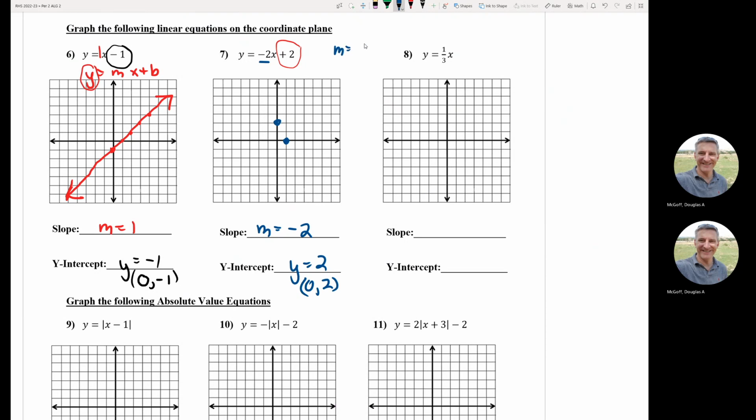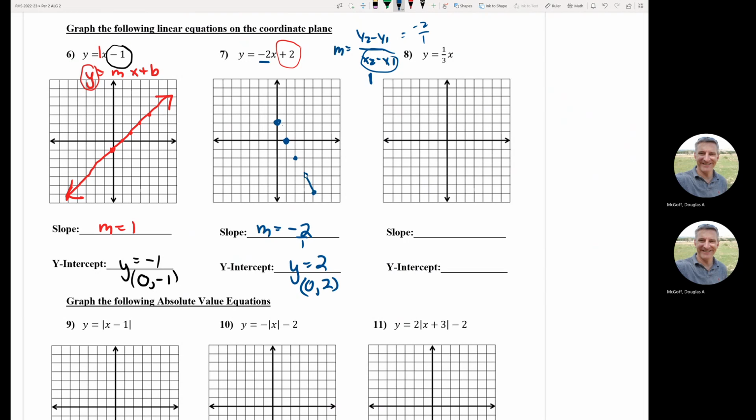Remember, slope equals y2 minus y1 over x2 minus x1. So I just say that this difference is 1. That tells me how much this changes. y2, 0, minus y1, 2 is -2. So -2 over 1. -2 over 1.